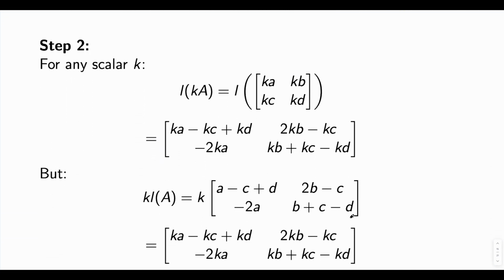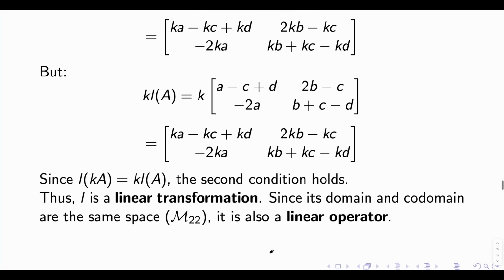Similarly, for any scalar k, you can multiply and you will get the same. So this is a linear transformation. And especially since domain and codomain are the same, this is also called a linear operator.